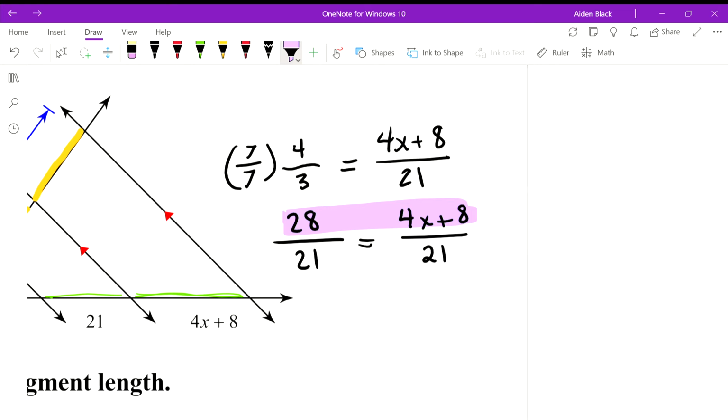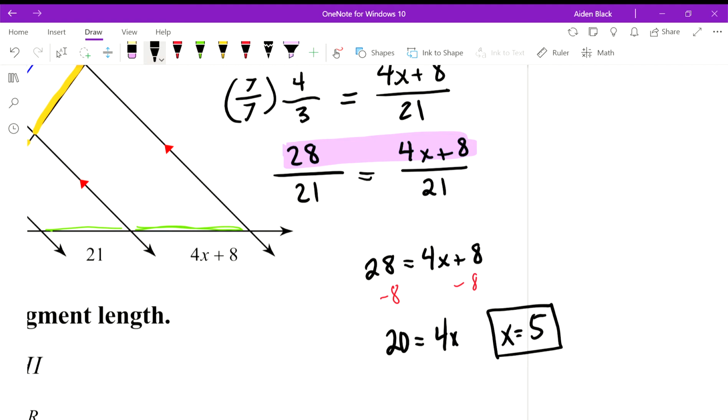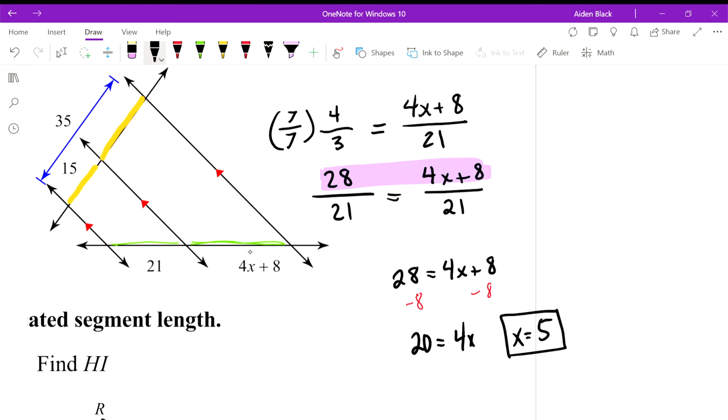We know that that'll have to be true since we have both the same denominator. So here's the quick trick. 28 equals 4x plus 8. Subtract 8 from both sides. We get 4x equals 20. So if you divide both sides by 4, you get x equals 5. Nice. That's a good little trick.